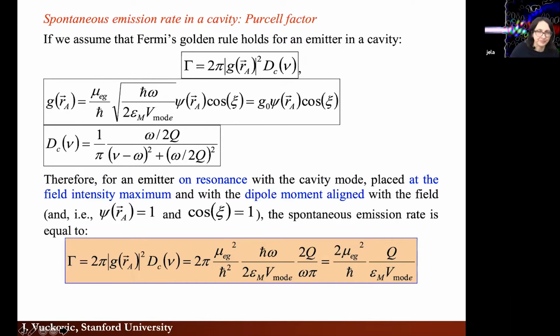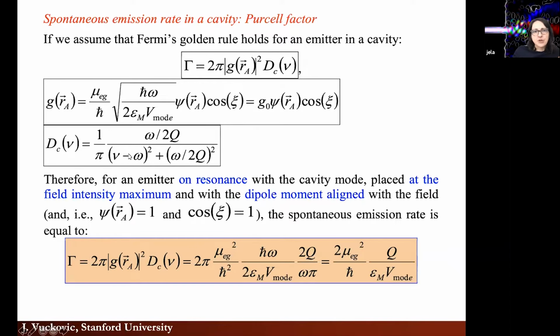We know that. So now, assuming that you put your atom into the field maximum and aligned it with the field polarization, G is equal to this maximum value, just this prefactor. And also, if you tune the atom onto resonance with the cavity mode, then nu would be equal to omega.